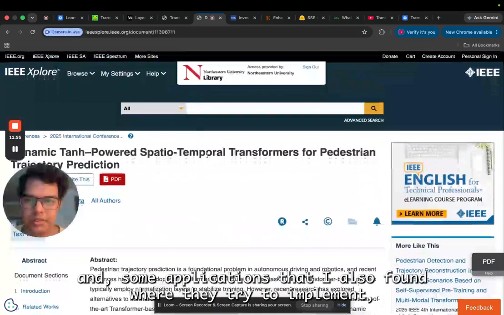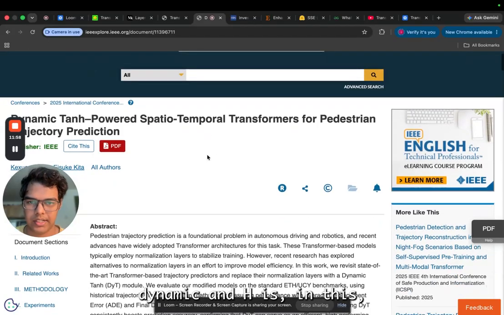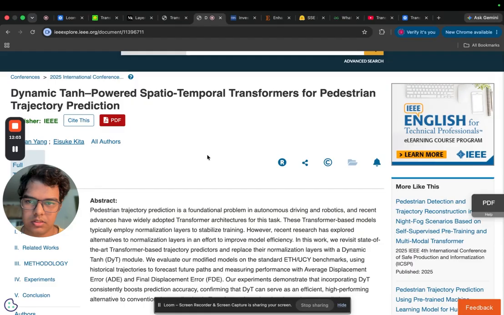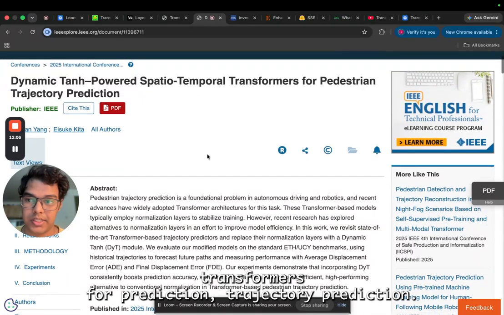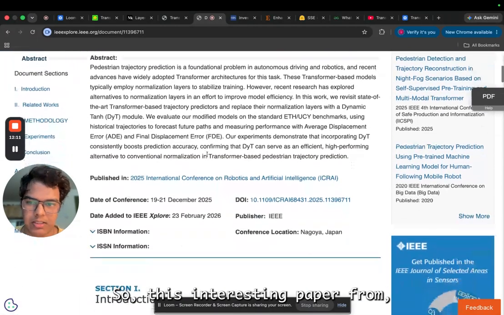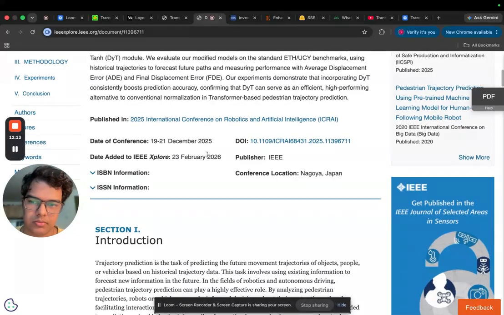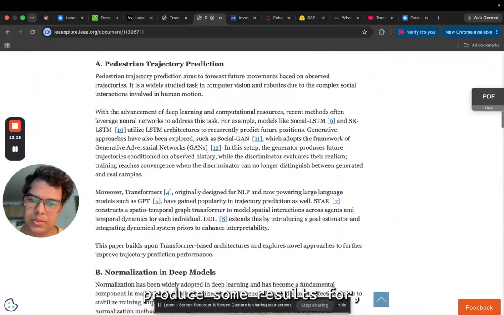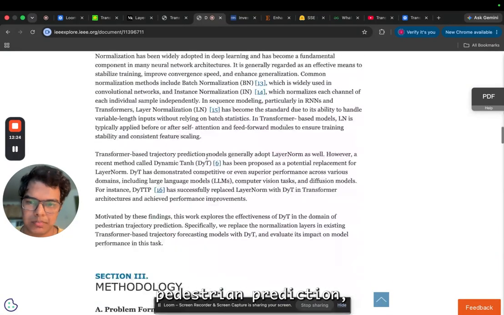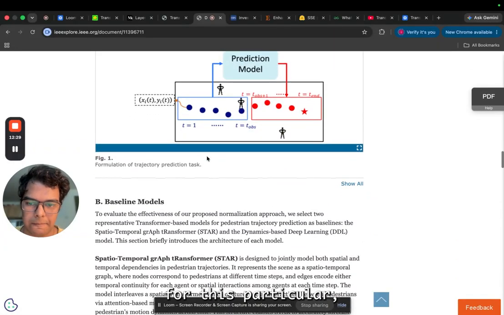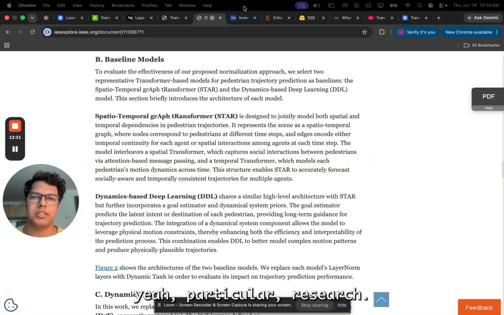I also found some applications where they try to implement dynamic tanh, such as spatiotemporal transformers for pedestrian trajectory prediction. This is an interesting paper from Japan where they produce results for pedestrian trajectory prediction, and they use dynamic tanh for this particular research.